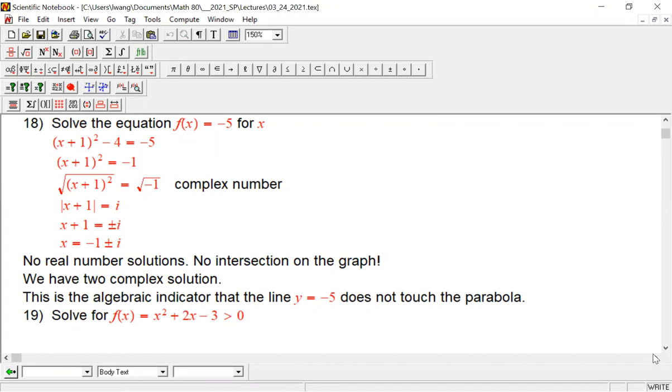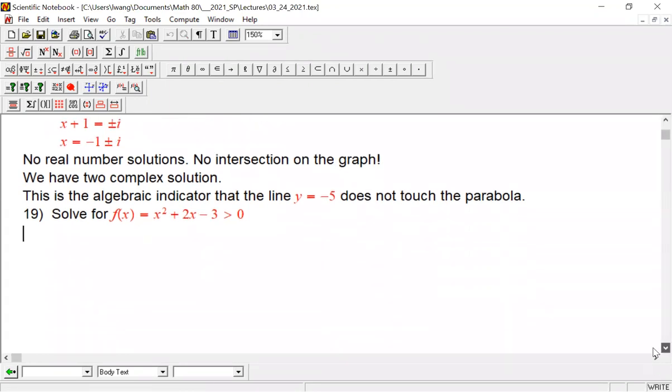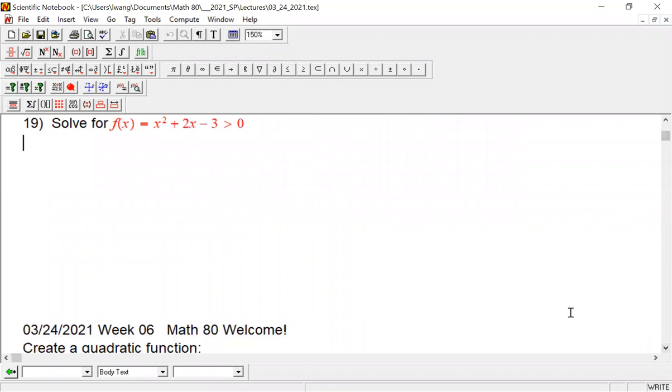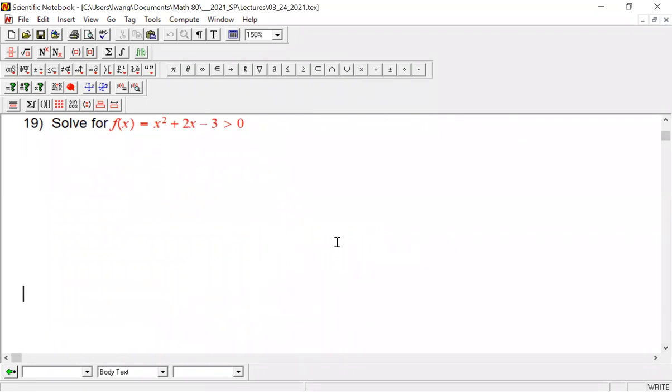We're familiar with that function. What does that mean? It says solve for x, right? What does that mean?